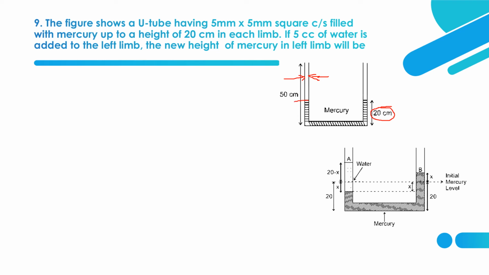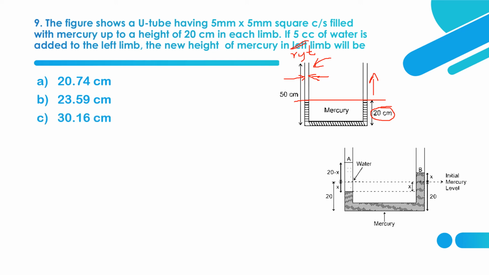And if 5 cubic centimeter of water is added to the left limb, what is the new height of the mercury in the right limb? We have to find that. Option A 20.74 centimeter, option B 23.59 centimeter, option C 38.16, option D 21.47.